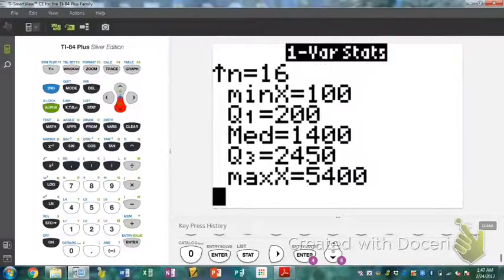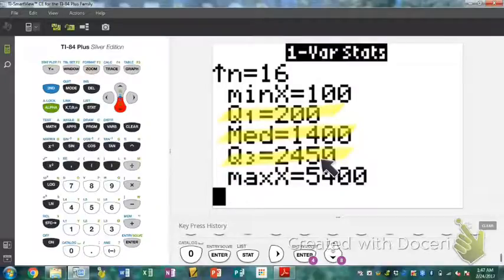The rest of the numbers you need are further down the list, so you're actually going to press down to scroll down. And we need Q1, we need the median, and we need Q3. That's my lower quartile, my median, and my upper quartile.